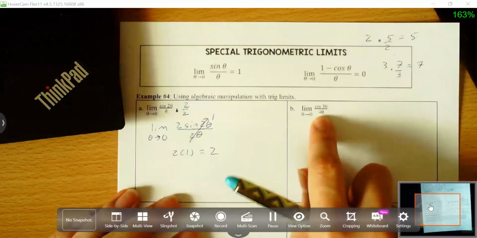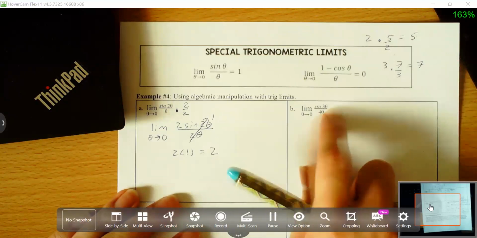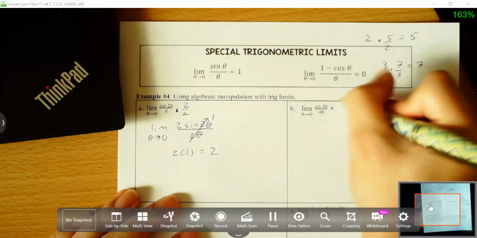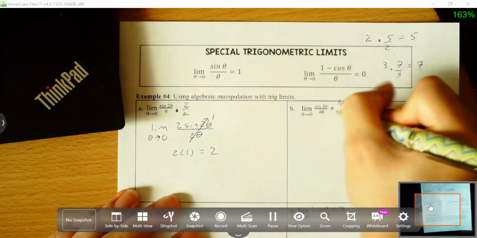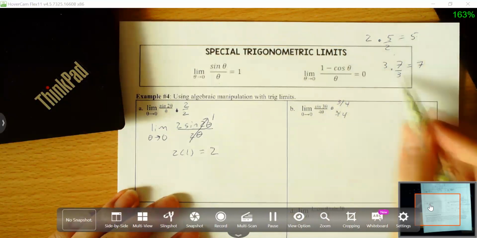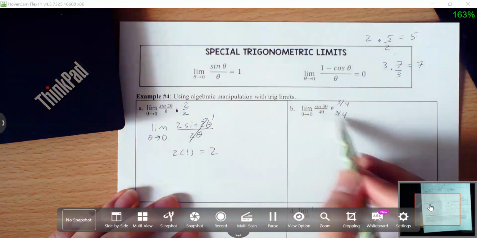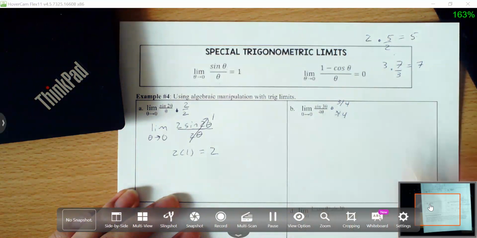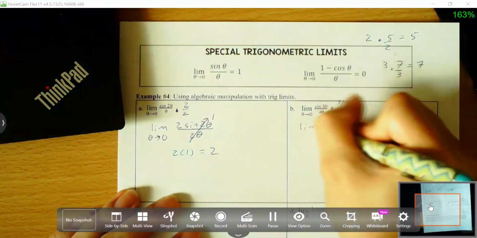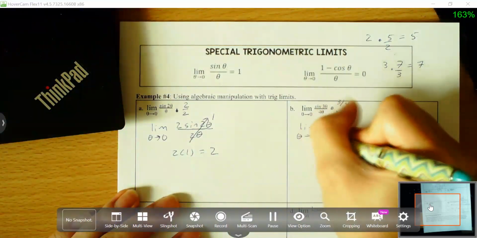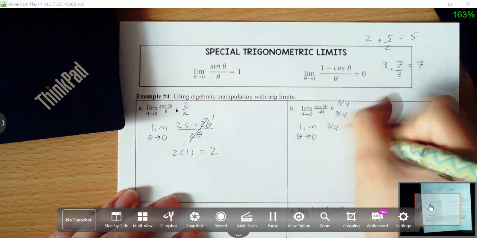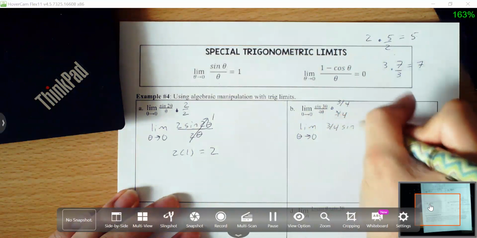What if I want to get this bottom 4 theta to be 3 theta? Well, I'm just going to multiply the top and bottom by 3/4. So same idea here, right? The 4's are going to cancel and it's going to leave a 3 here. So this is going to turn into the limit as theta approaches 0 of 3/4 sine of 3 theta.